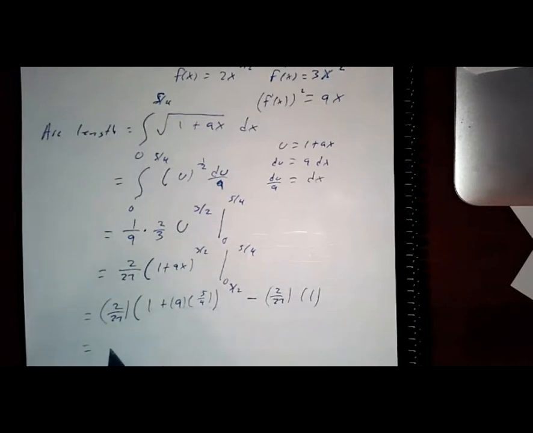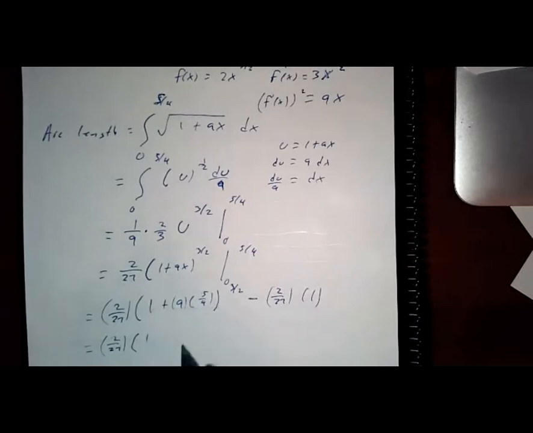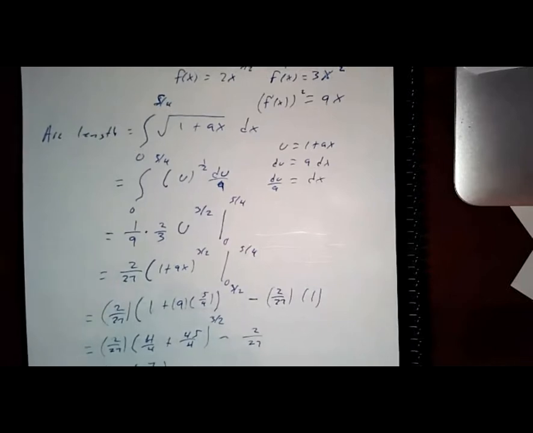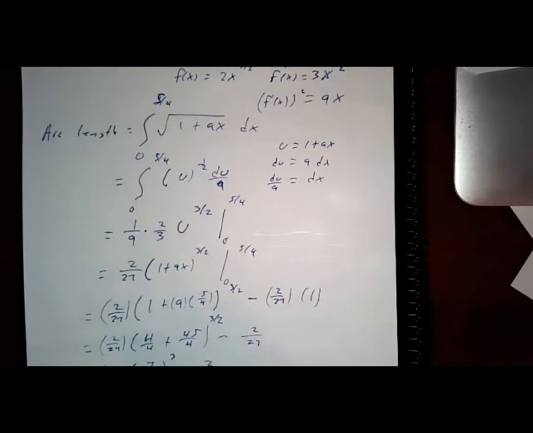Because that would be 2 over 27 times 9 times that would be 1, 4 over 4 for the common denominator. 9 times that would be 45 over 4, plus 1 is 49 over 4, to the 3/2, minus 2 over 27. 49 over 4 square rooted would be 7/2 cubed, right? So at this point, just use a calculator. I don't like numbers.